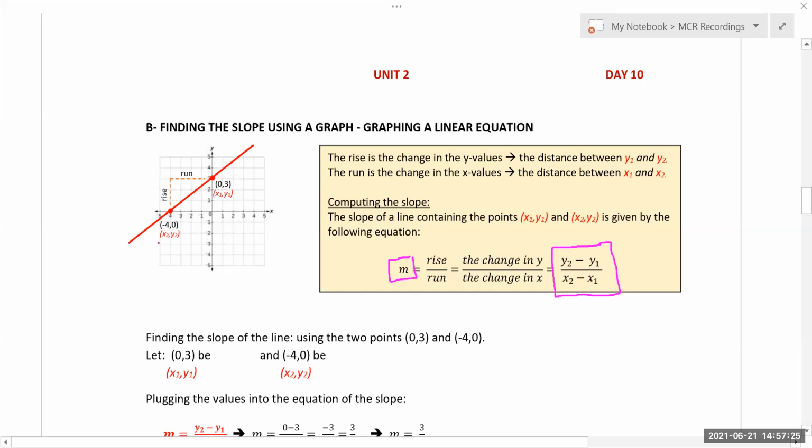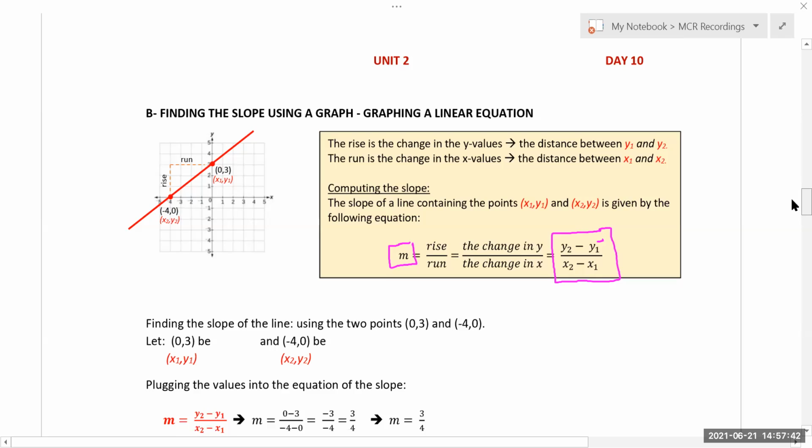So you pick 2 points on the graph. In this case, (-4, 0) and (0, 3). It doesn't matter which one you label x1, y1, x2, y2, as long as you keep it consistent. You subtract the y terms and subtract the x terms, and that gives you the slope.